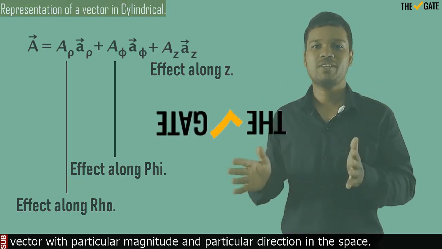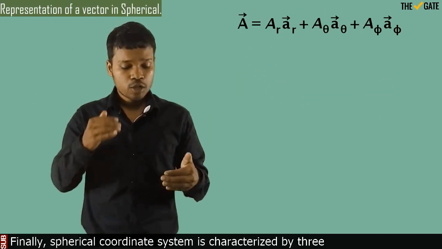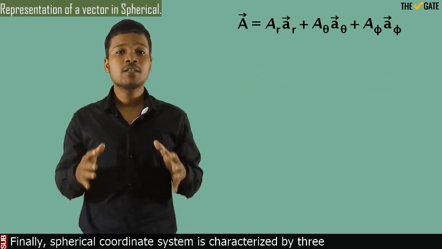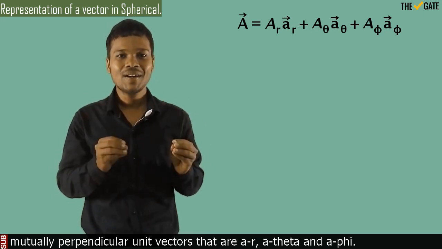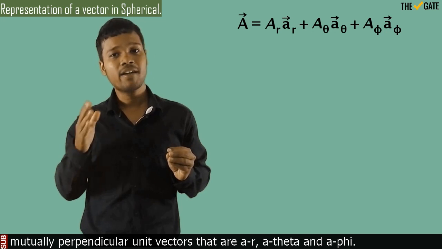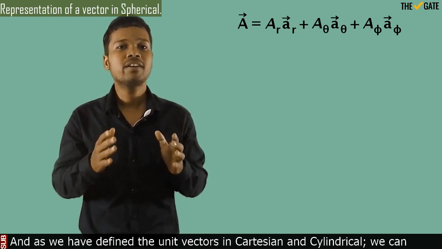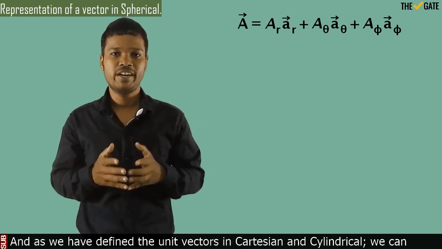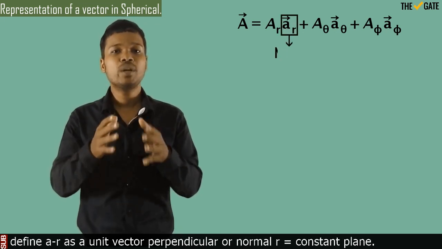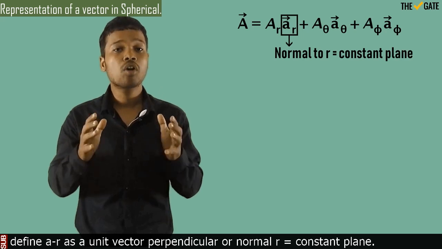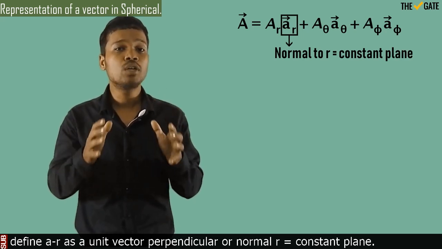Finally, spherical coordinate system is characterized by three mutually perpendicular unit vectors that are aR, a theta and a phi. And as we have defined the unit vectors in Cartesian and cylindrical, we can define aR as a unit vector perpendicular or normal to R equal to constant plane.